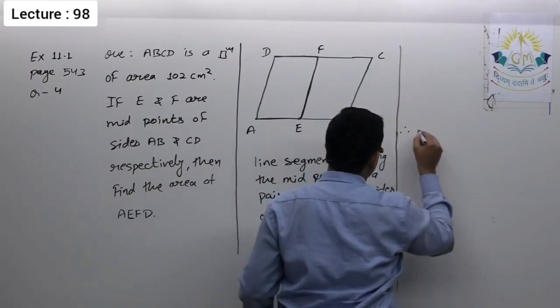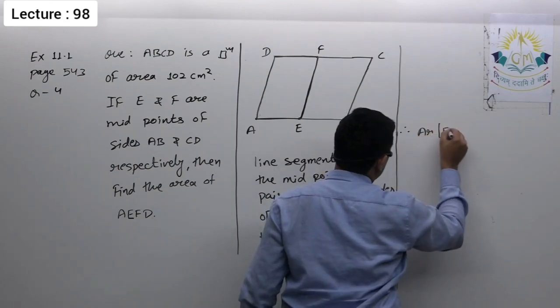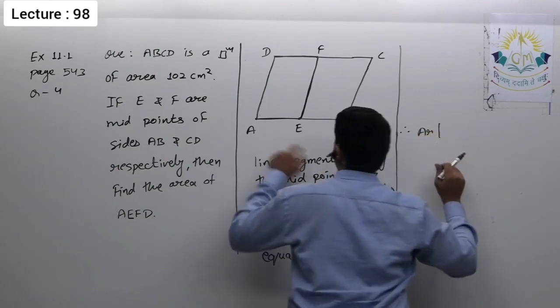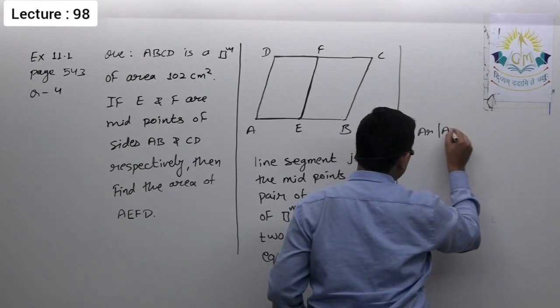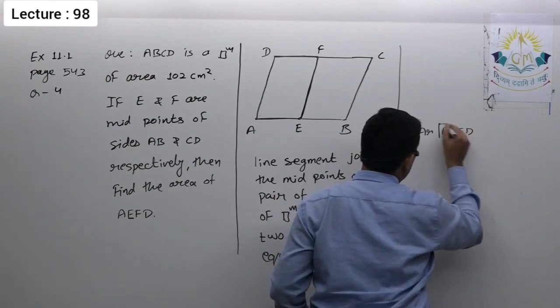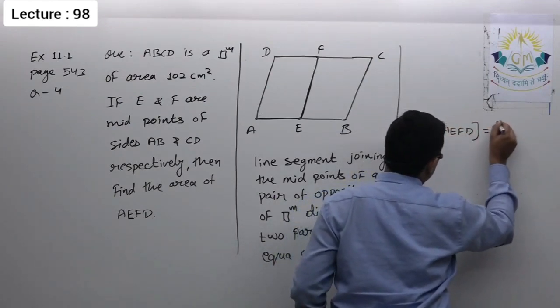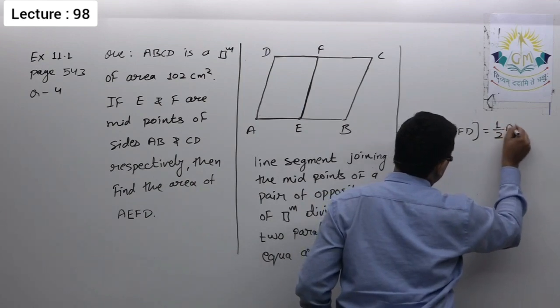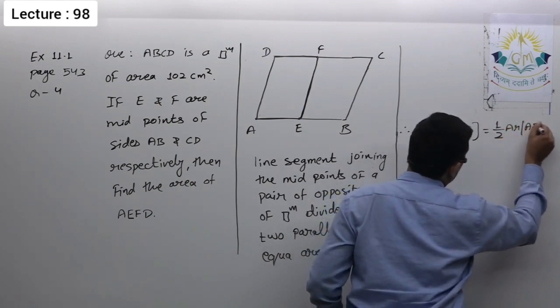Therefore, I can say area AEFD is equal to 1 by 2 area ABCD.